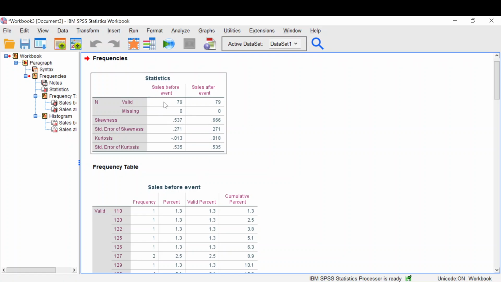So the first thing we'll confirm is that we have no missing values, which is great, and our skewness and kurtosis values here. So as you can see, it does actually go slightly above 0.5 in both cases, before the event and after the event, but it's not very high above that.